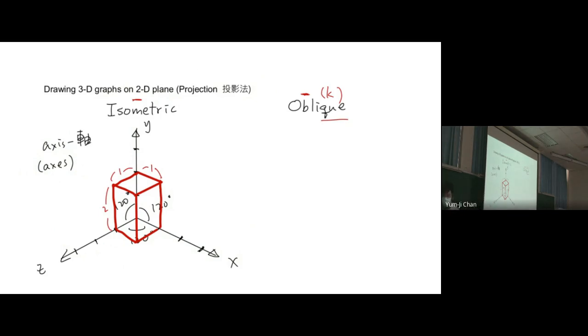The next way to draw 3D graphs on a 2D plane is called oblique projection. We begin by drawing the X and Y axes in the same way as in 2D problems.